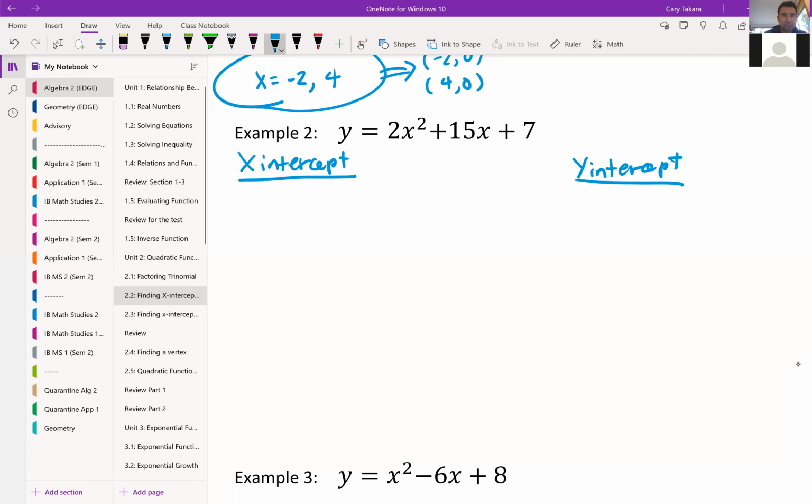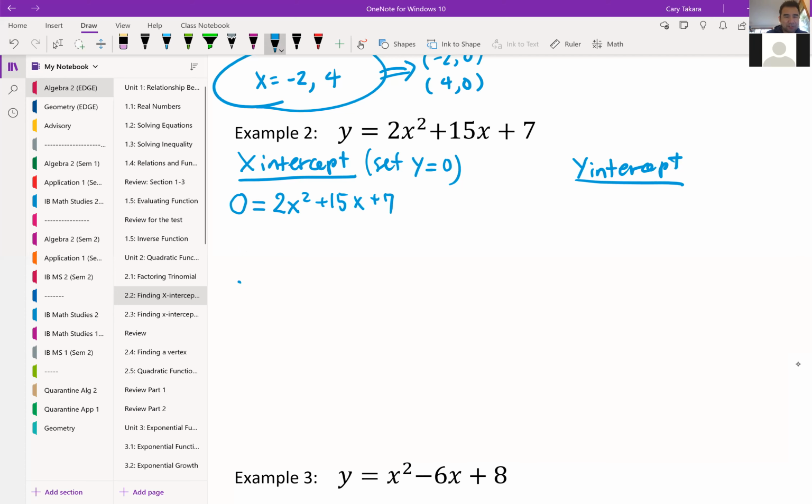Okay, so I'm going to get started on that. I'm going to set y to 0. You don't have to write this part, but that's what you're doing, right? You're going to set y to 0. And then the next step is you're going to factor.